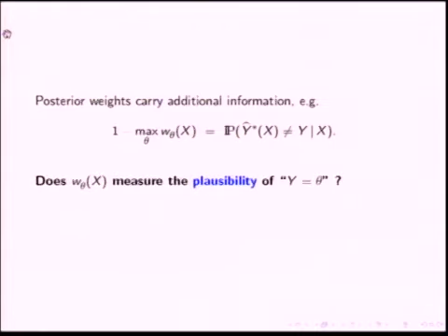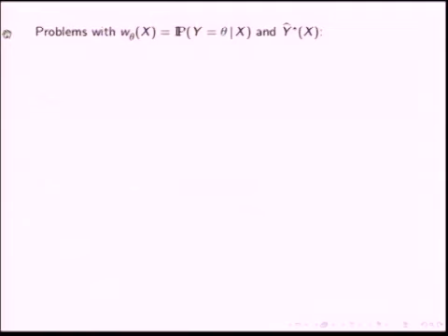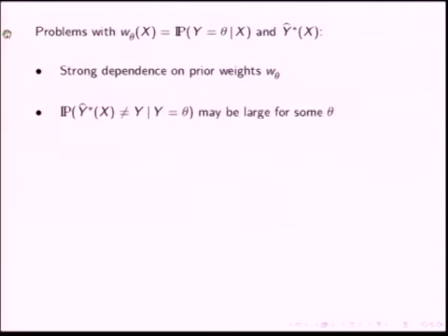Nevertheless, I would question that this posterior probability is really a measure of plausibility that the unknown class is equal to theta. There are some reasons for this, in no specific order. One thing is there is a strong dependence on the prior weights, and so your classifier may change drastically if you change the prior weights.